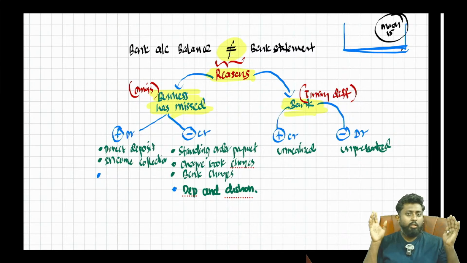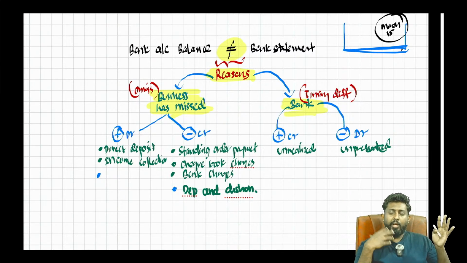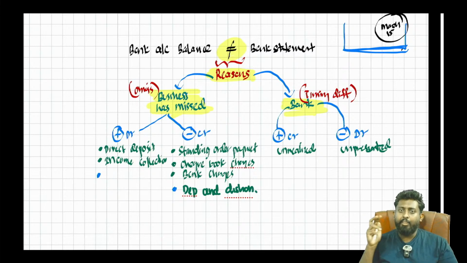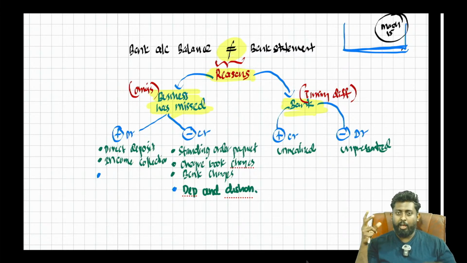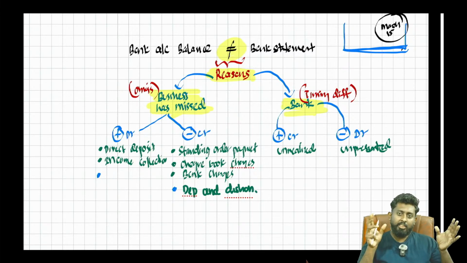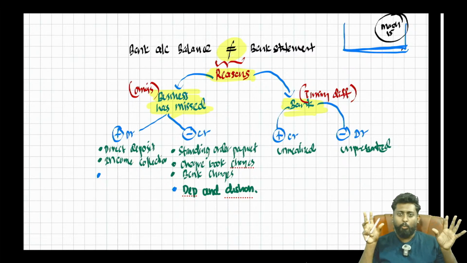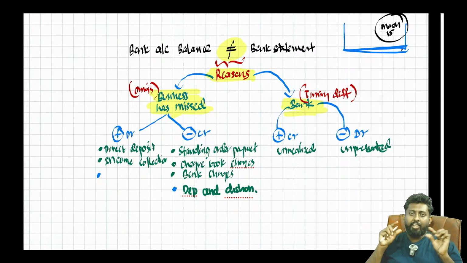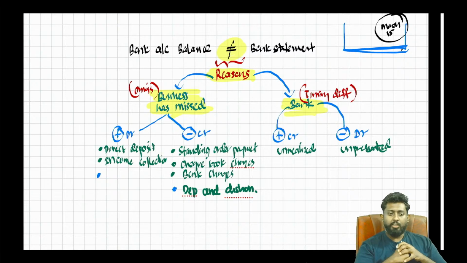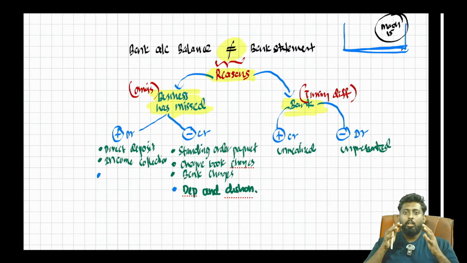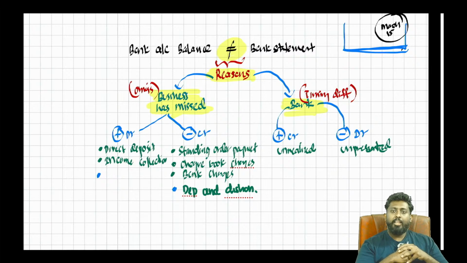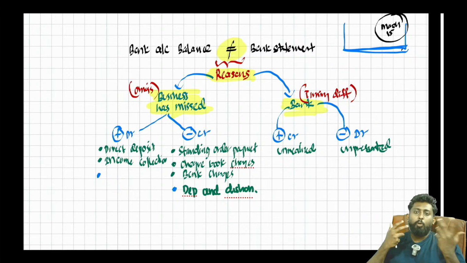So when the bank account balance prepared by our accountant and the bank statement balance prepared by the bank record the same transactions for a month, normally the period is 1 month, the final balance or end balance should be the same. If it is not the same, it is due to some omissions from our side.